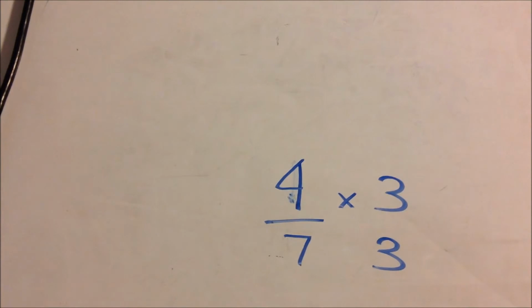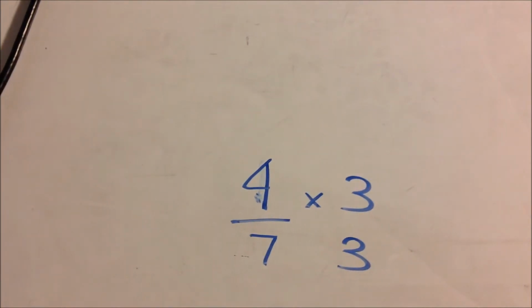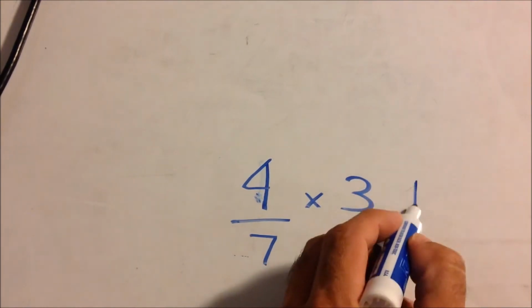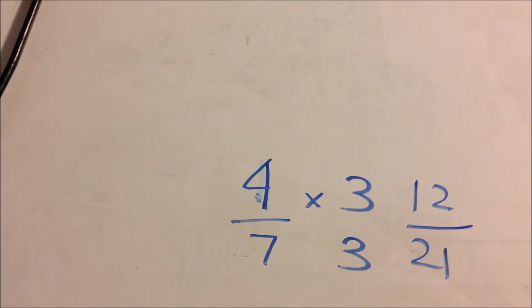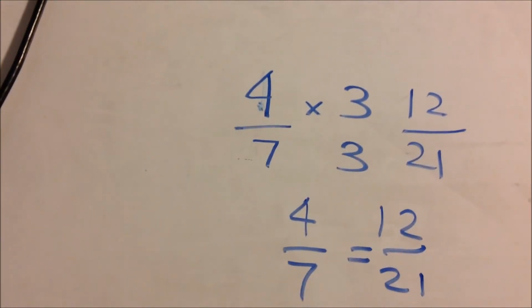If we're going to multiply the top by 3, we have to multiply the bottom by 3. So we'll get an equivalent ratio here of 12 over 21. So 12 over 21 is equivalent to 4 over 7. So you can say 4 over 7 equals 12 over 21. It's the same ratio. Same ratio.